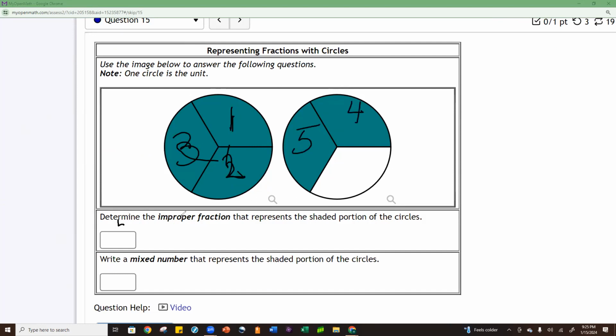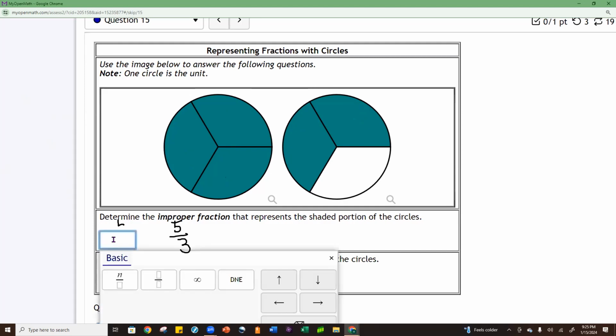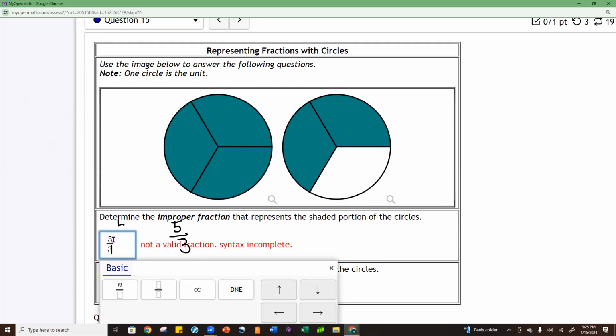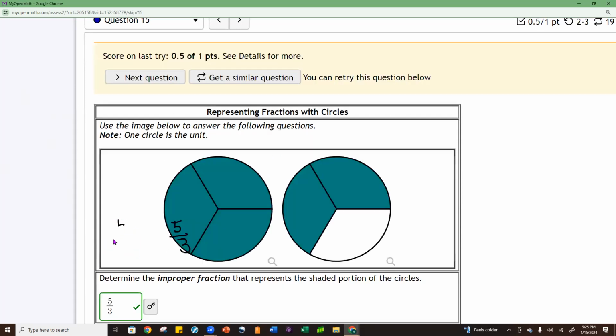The denominator is always the size of the slice, so the number of slices in one pie. If you look at one of the circles, it's cut into 3 slices. So I'm going to write 3 as my denominator. Basically what I'm saying is I have 5 green slices that are size 1/3.